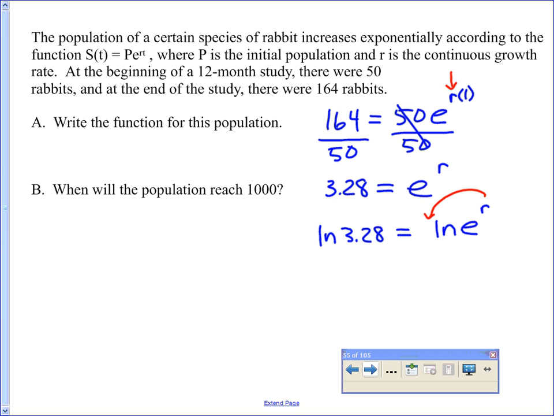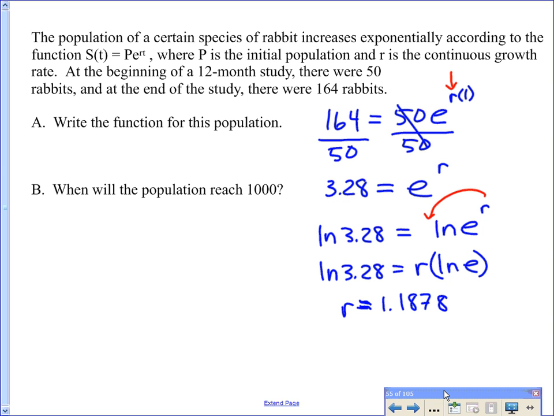So now that can come here, and it's very convenient that the natural log of e is 1. So we have the natural log of 3.28 is equal to r times the natural log of e, which is just 1. Okay, so we can use our calculator, and we find out that the natural log of 3.28 is approximately 1.1878.